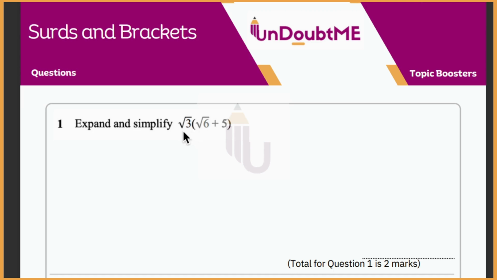Here we have to distribute. So root 3 times root 6, that will be root 3 times 6 plus root 3 times 5, which can be written as 5 root 3. Now 3 times 6 can be further written as 3 times 2 times 3, because 6 can be written as 2 times 3.